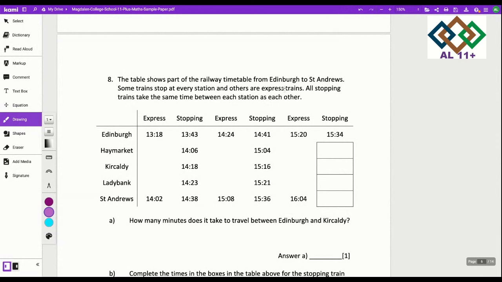All stopping trains take the same time between each station as the other. So you have to fill the table. If you look at the time, basically they are stopping every 55 minutes.